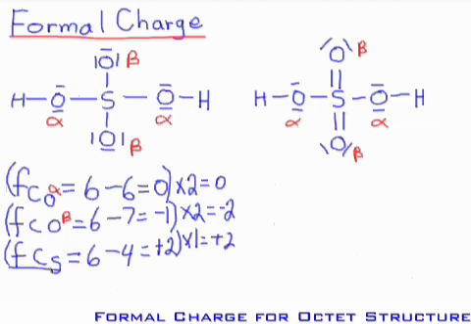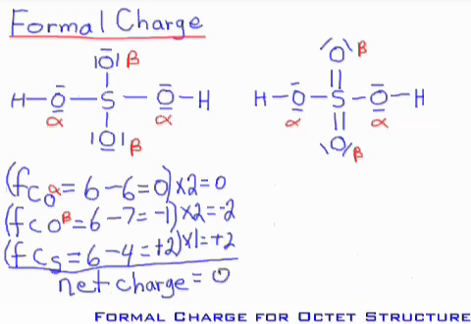Plus 2. And now I can continue and do my net charge. Add it up. You have to make sure the total charge equals what's given in the case of H2SO4. 0 plus minus 2 plus plus 2 equals 0. And when H2SO4 was given to you, it had no charge. So this works. It works well.